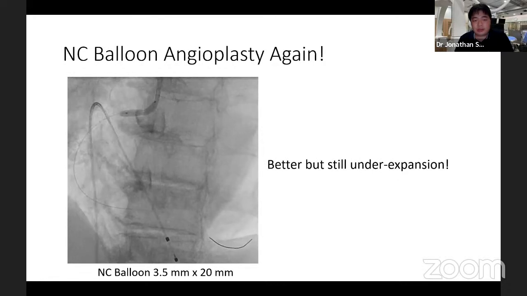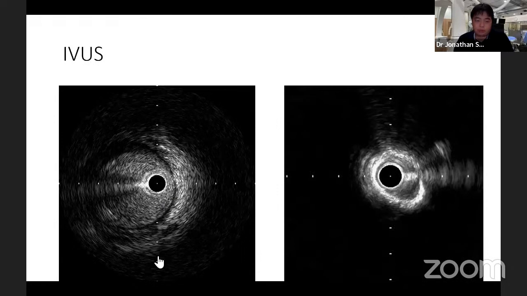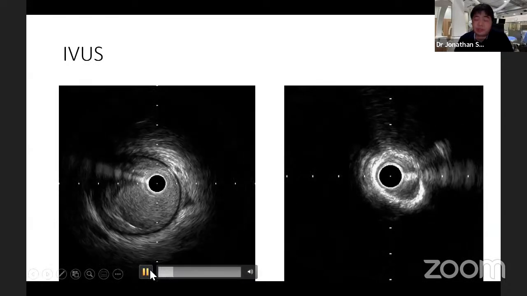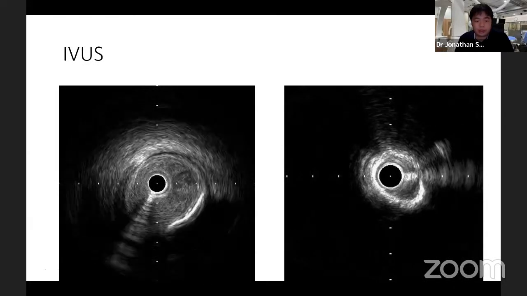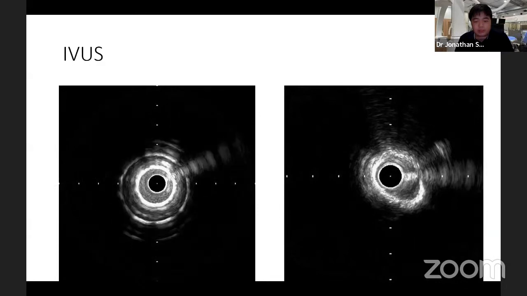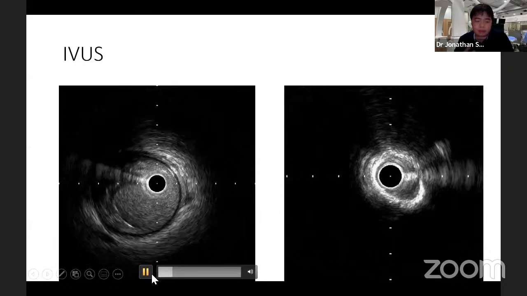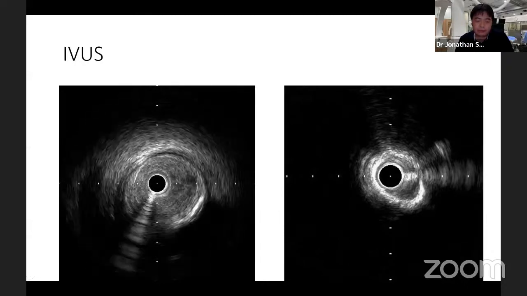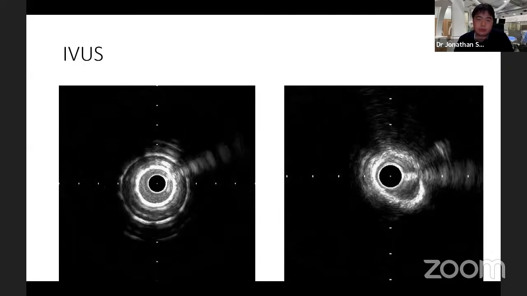You can see the balloon is not exactly expanding fully, but it's marginally better. We repeated IVUS because we wanted to present this case here. And you can see, well, there's a little bit of luminal gain, but it's still not optimal.